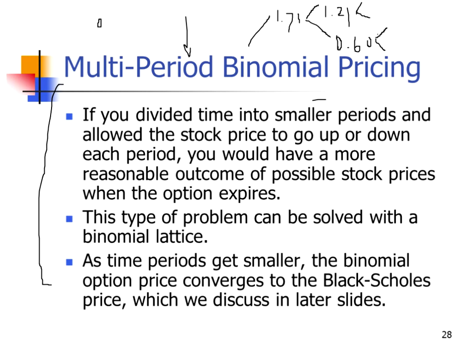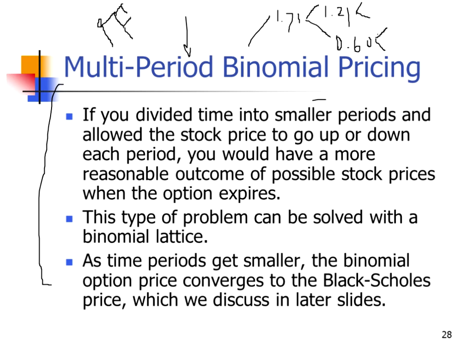For example, this is November. There are two possibilities for December, and if it goes up, there'll be a further two possibilities for January, and then for February there'll be 4 possibilities. So they are basically increasing by a factor of 2 each time.